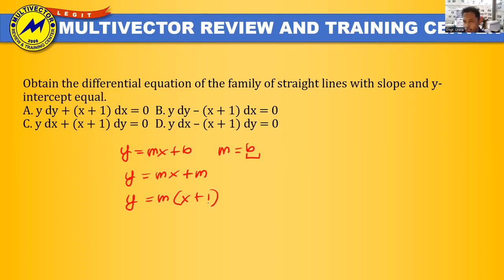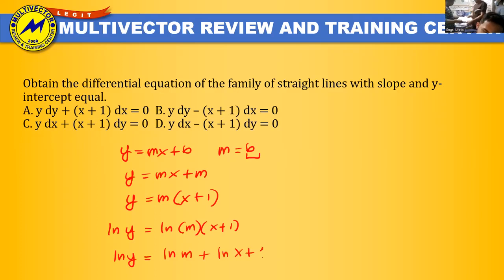Okay, so para makuha natin yung family ng straight lines, para mas simple, mag-ln tayo both sides. Ln of y is just equals to ln of m times x plus 1. Dito gagamit lang tayo ng property: ln of AB is just ln of A plus ln of B. So ln of y is just equals to ln of m plus ln of x plus 1.